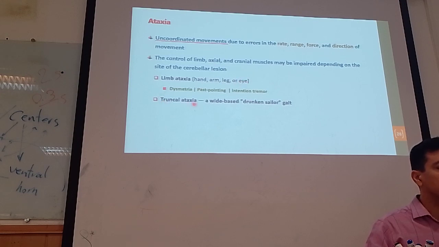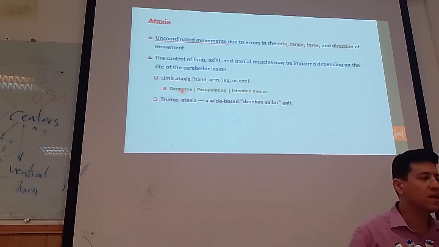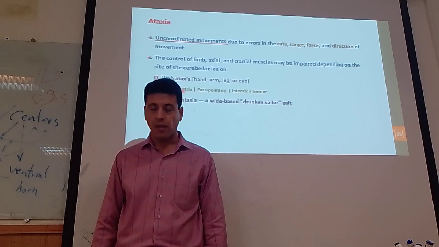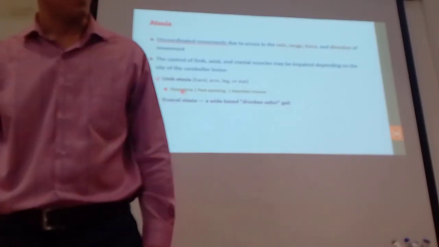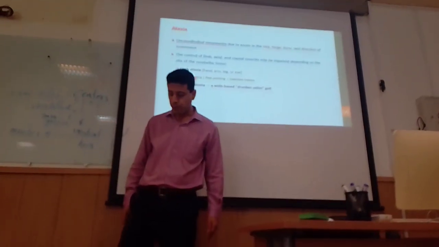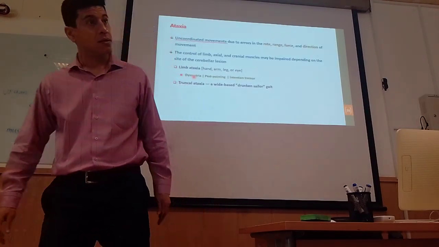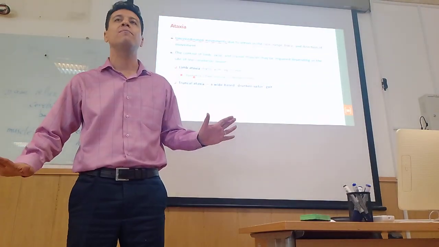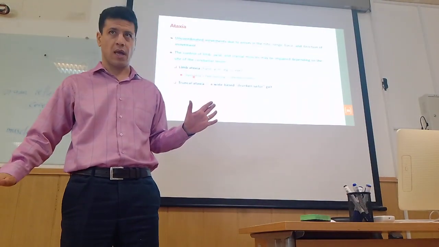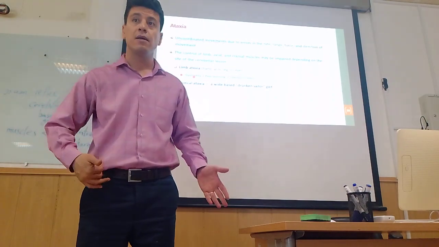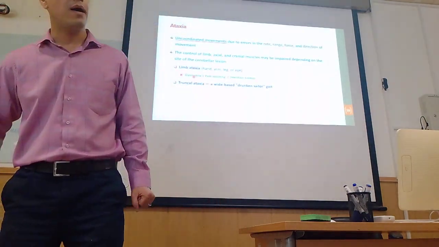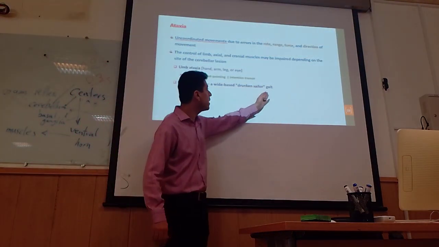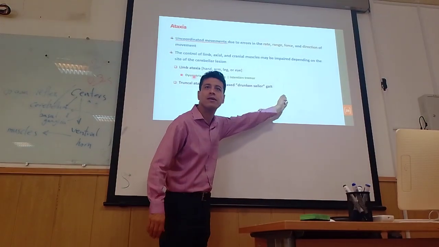Or we may have truncal ataxia, which is manifested by a wide-based gait. Instead of walking normally, the person tries to put the legs wide, because there is a problem with gait, balance, and equilibrium. In order to compensate for that, the patient tries to put the legs wider. So we have a wide-based, drunken sailor gait.